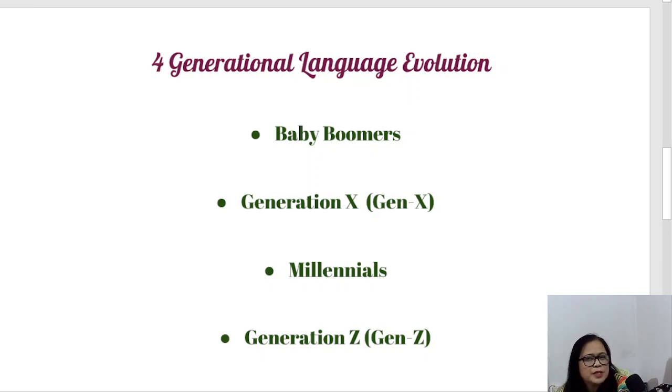So what does this mean? Although these 4 generations have a distinct generational language, each is different from the other. And because of this language evolution, this generational language change, it created a generational language gap between generations, because they have different patterns of communicating.